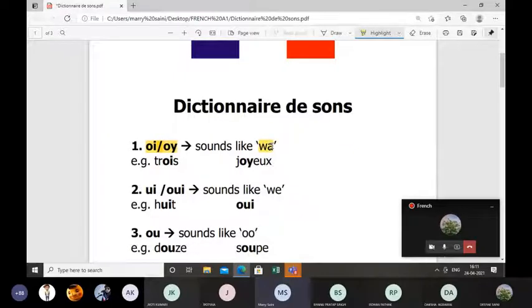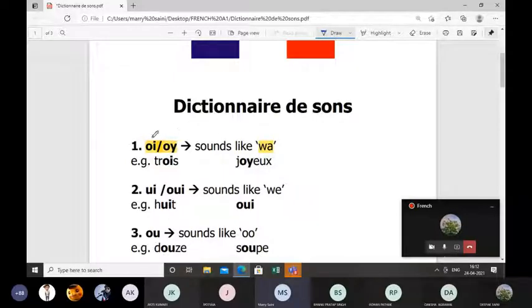The sound is given here in English, and you also have 2 examples for the same sound. So we are going to learn the sounds along with examples so that you can see how we pronounce the words.